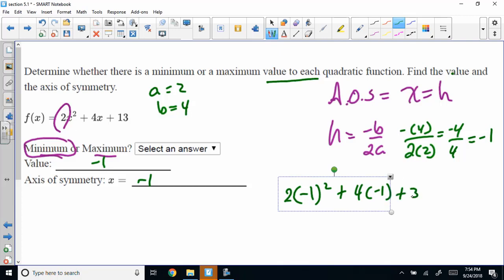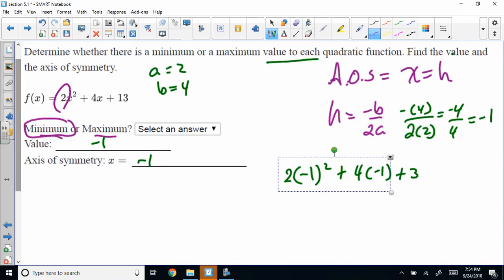We've got it covered, right? So that's 1 squared times 2 is what? 2 minus 4 plus 3, so it's negative 2 plus 3, which is 1. So if they're wanting an ordered pair, there you go, negative 1, 1, right?